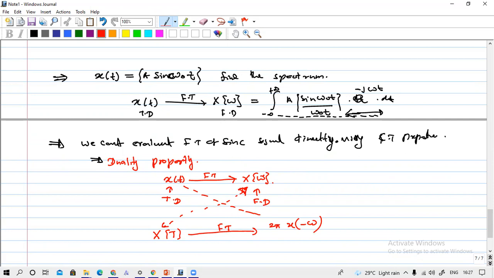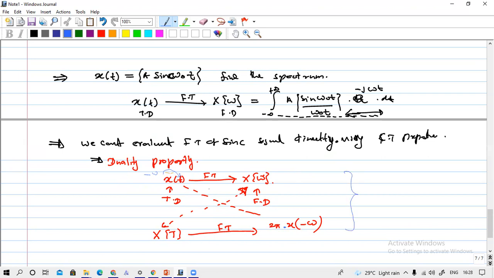Instead of t, we apply minus omega, so we have x(minus omega) multiplied by 2 pi. This is called the duality property.